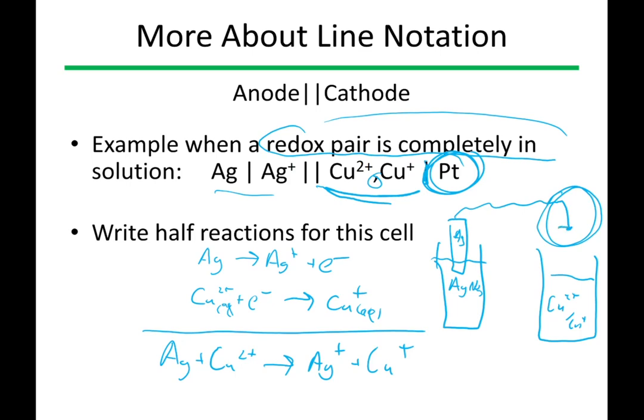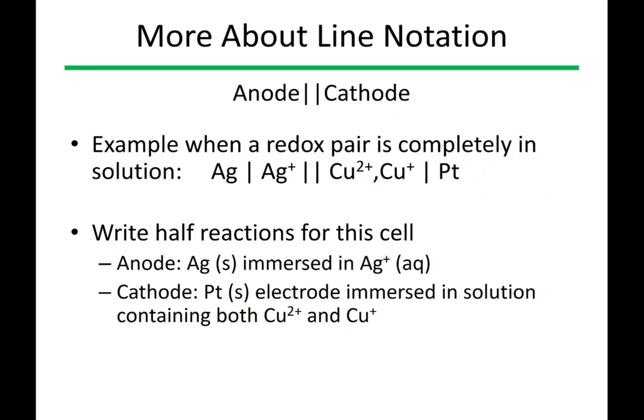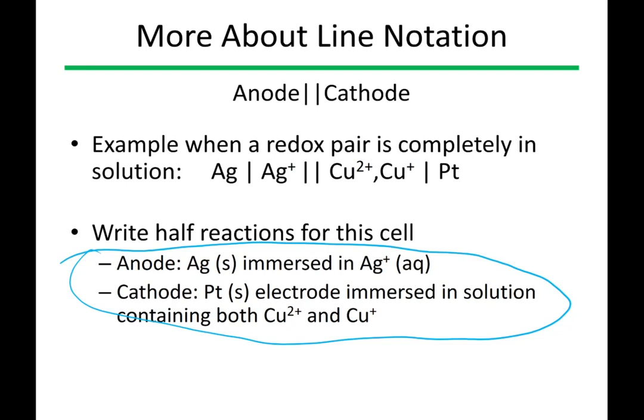So we usually use some inert metal that won't react with things in the process, and you'll often see platinum is just there to carry electrons. Sometimes you'll also see glassy carbon. And so if we were to write it out, we'd just see our anode is silver in silver solution, and our cathode is a platinum electrode immersed in a copper 2+, copper 1+ solution.